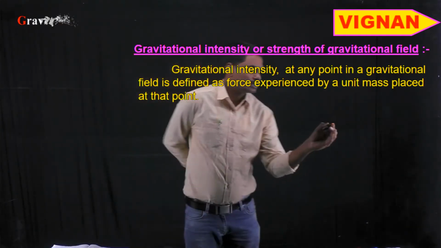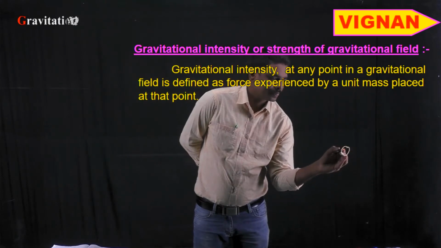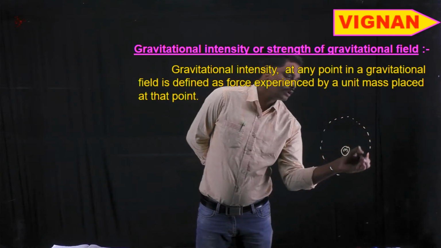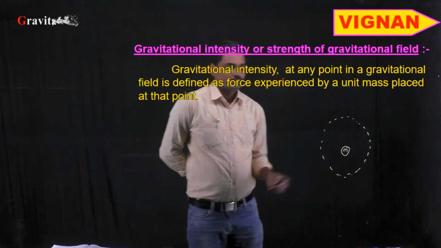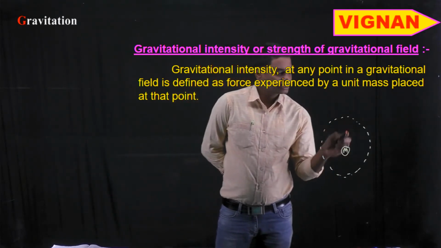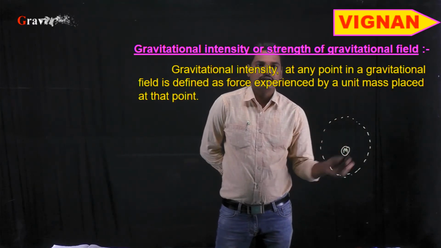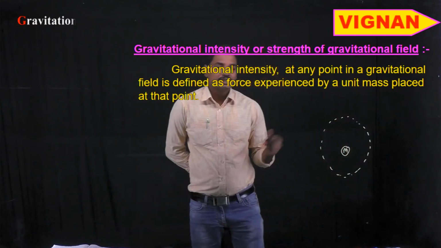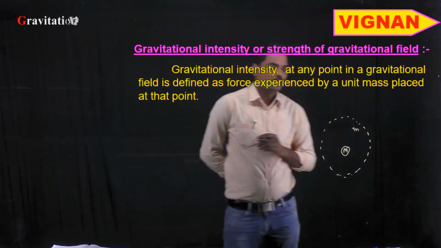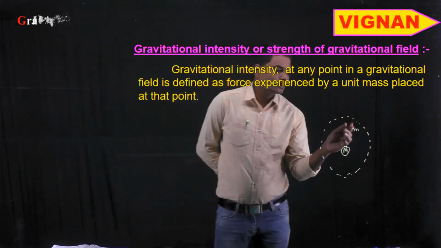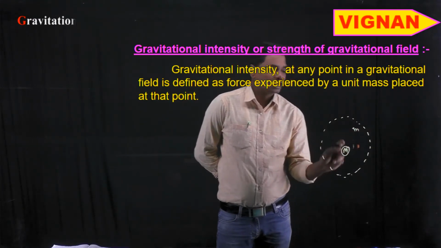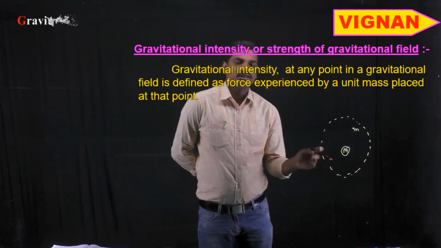Suppose we consider a mass, capital M, and this is the region or gravitational field around it. Let us consider here a unit mass small m. The force experienced by this mass due to capital M is nothing but the strength of the gravitational field, or the gravitational field intensity.